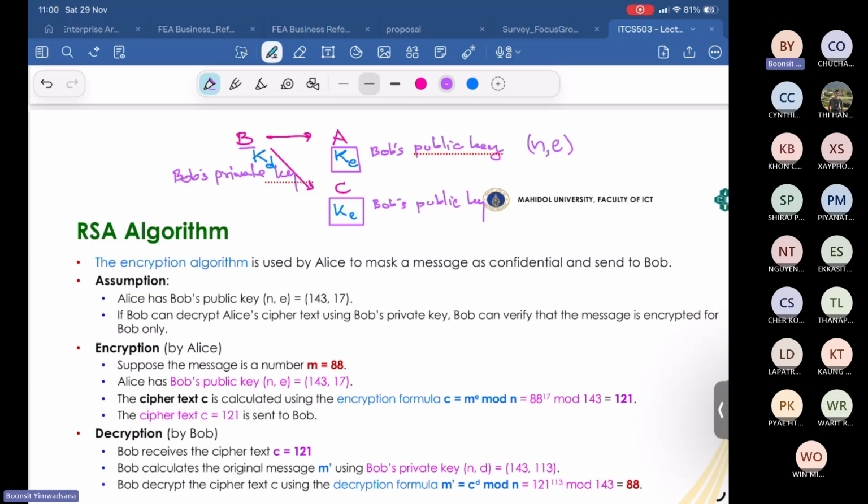The public, or anyone, can know Bob's public key, and Bob doesn't care. This is called the public key. If Alice encrypts using Bob's public key, only the person who has the key pair, which is Bob's private key, can read this. But if anyone has only the public key, the person cannot read this.